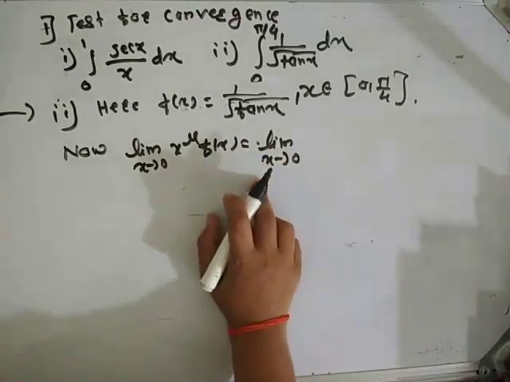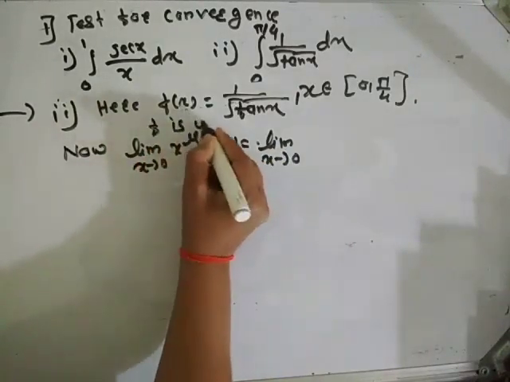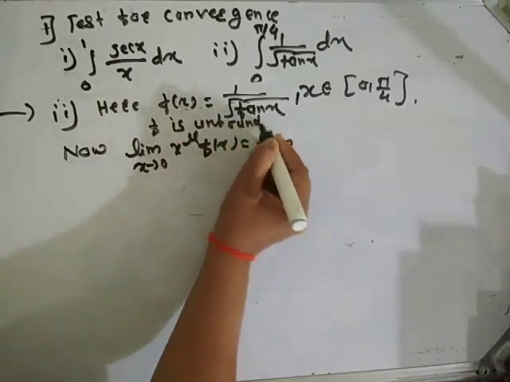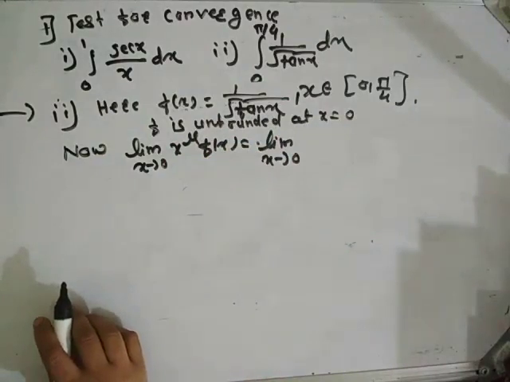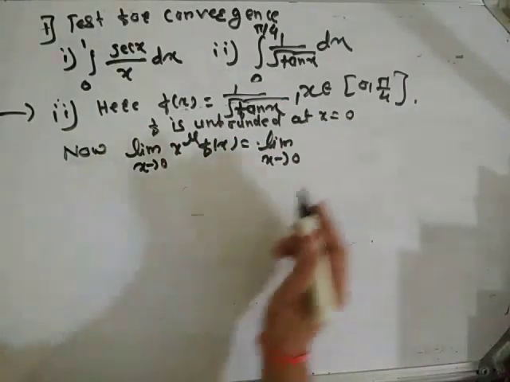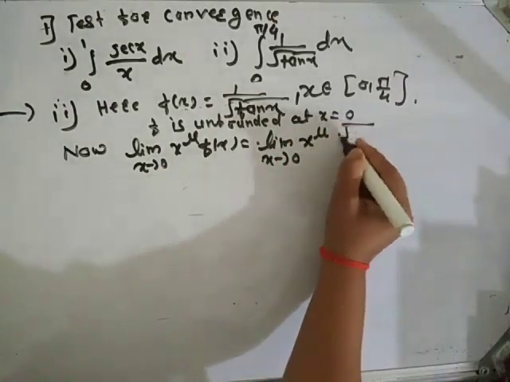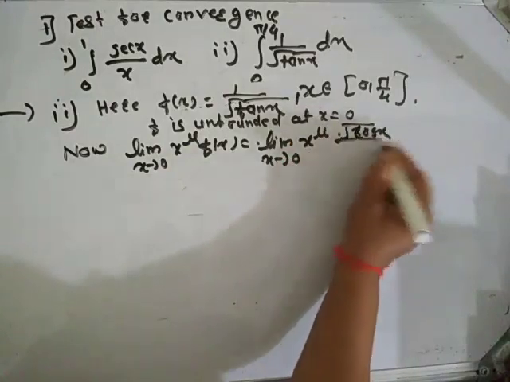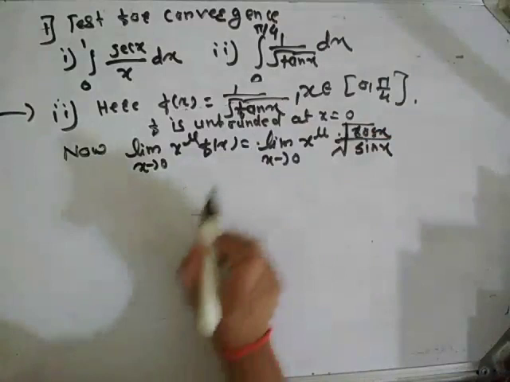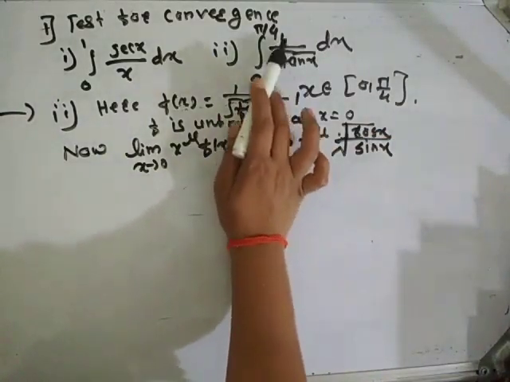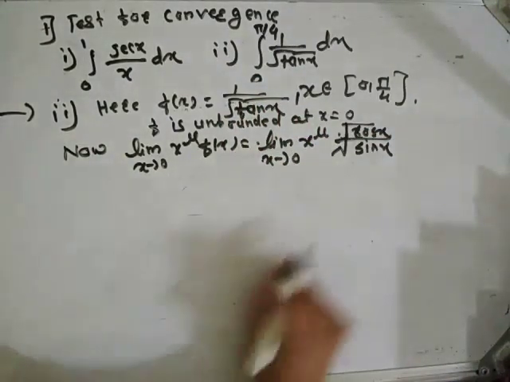Why limit x tends to 0? Because f is unbounded at x equals to 0. So limit x tends to 0 of x raised to mu root of cos x upon sin x, because this is 1 upon root of tan x. If we simplify this, we get root of cos x upon sin x.